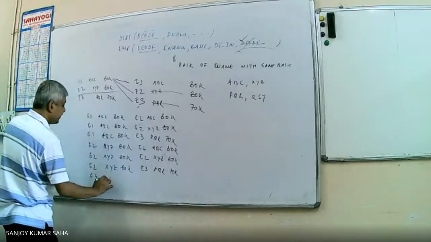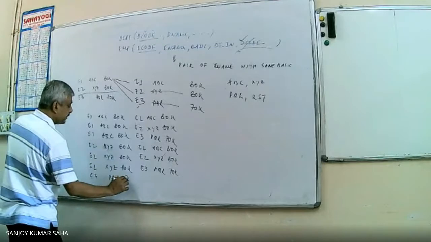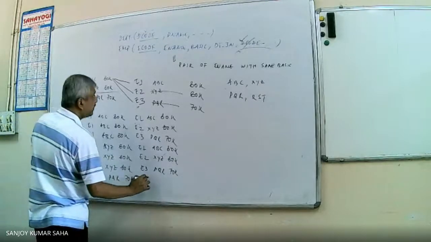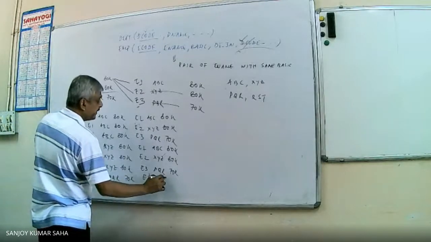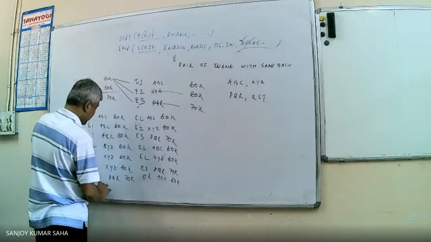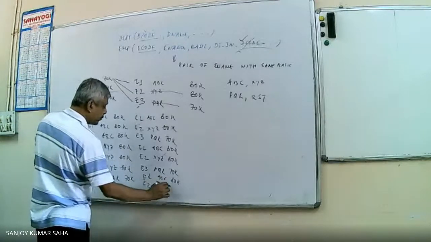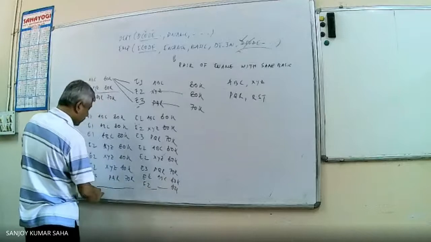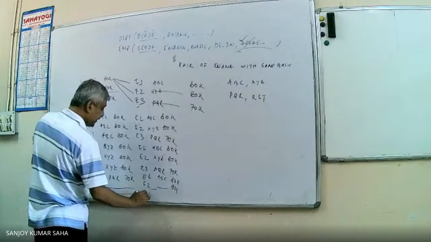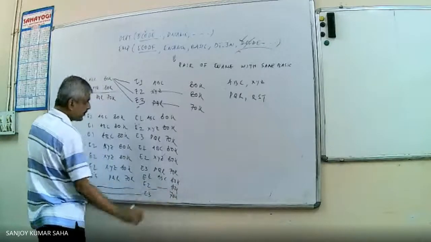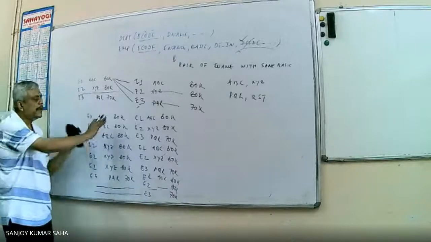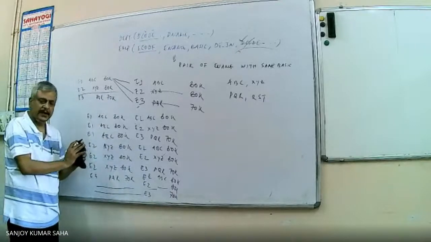Then E3 PQR 70K combines with E1 ABC 80K, with E2 80K, and with E3 70K. Then we have to carry out some refinement.